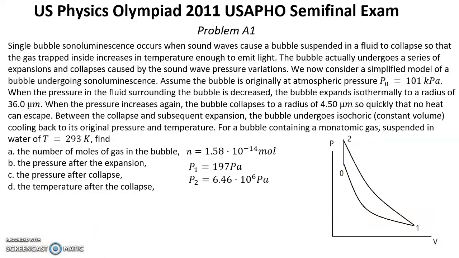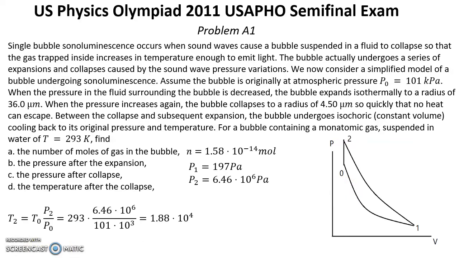Question D. We need to find the temperature after collapse in point 2. So here we have the same volume in point 2 and point 0, and we know the temperature in point 0. So we have pressure proportional to temperature.